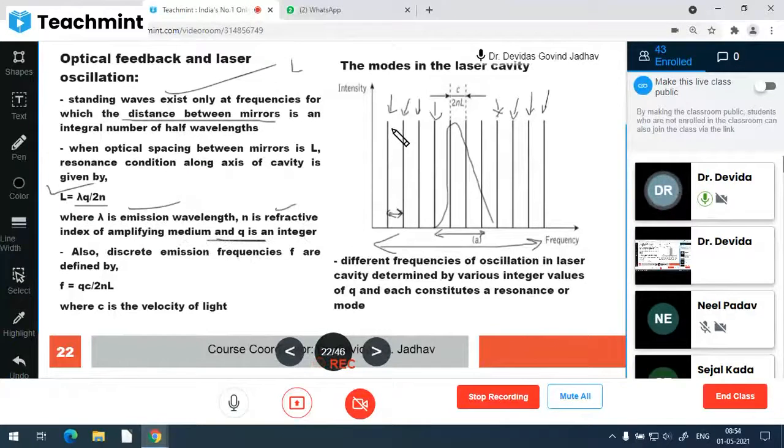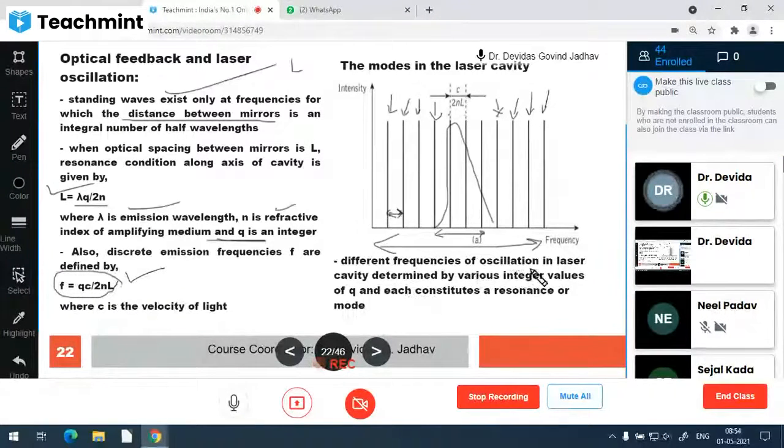Q is 1 for some frequency, 2 for another frequency, 3 for another, or maybe Q minus 4, Q minus 3, Q minus 2, Q minus 1, Q plus 1, Q plus 2, and so on. If you consider any two consecutive frequencies, the difference between them can be found out, and the frequency also can be found out by this equation. f is equal to Qc upon 2NL, which is the frequency equation.